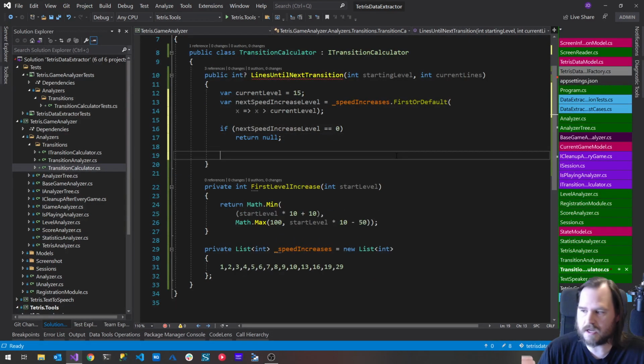Now that we're here, we can start figuring out how many lines away we are from the next speed increase. So the next speed increase level, we have it. Now the number of lines until there is your, okay, we need a first level increase.